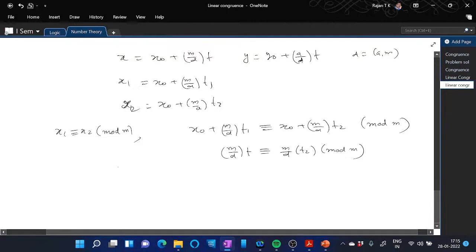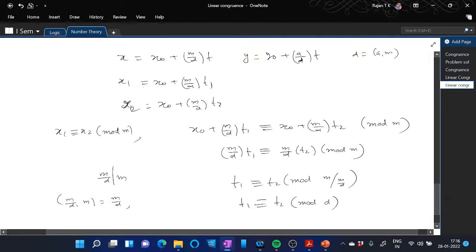But we know M by D actually divides M. That is, the GCD of M by D and M is M by D. And therefore, this congruent relation gives you that t1 congruent to t2 modulo M divided by M by D. That is, t1 congruent to t2 modulo D.